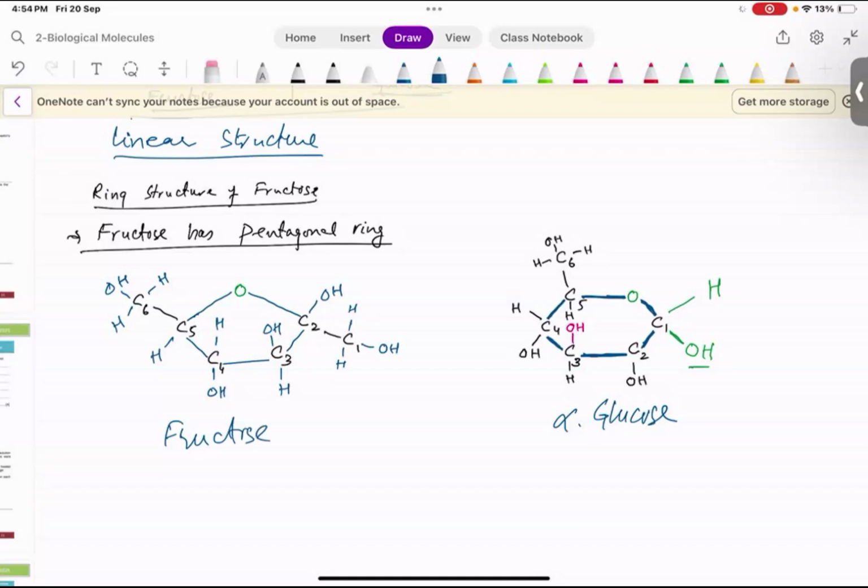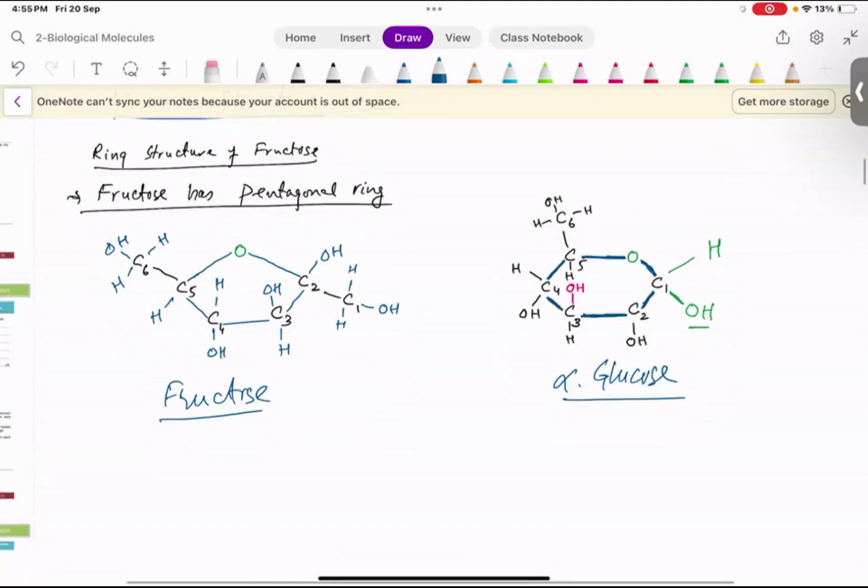Can you tell me what are the differences between fructose and alpha glucose? Fructose is pentagonal and glucose is hexagonal. Okay.